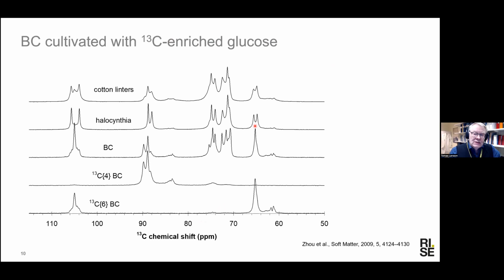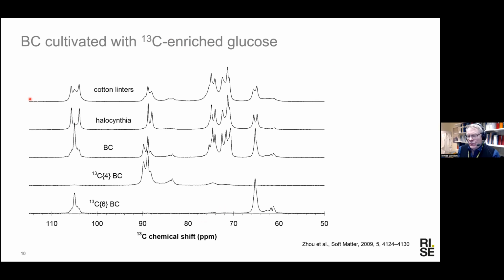Well, we use the C4, and the reason we use C4 is that that's actually the only region of the spectra where you can get access to all these different signals by spectral fitting. But if you could selectively label different carbon atoms in the anhydroglucose unit, you could perform this spectral fitting on other regions of the spectra as well.